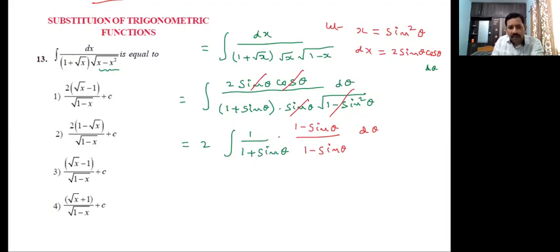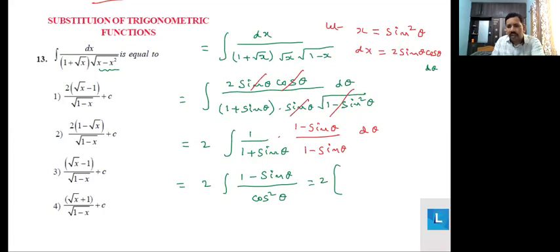In the denominator, what will come? (a plus b) into (a minus b) is a square minus b square. That means we get in the denominator 1 minus sine squared theta. 1 minus sine squared theta, we can write as cos squared theta, right? Now split this. 1 by cos squared theta means secant square theta.